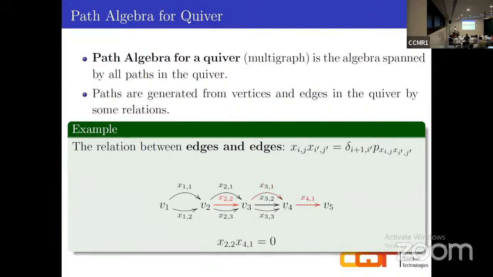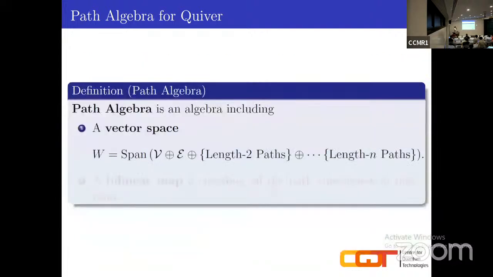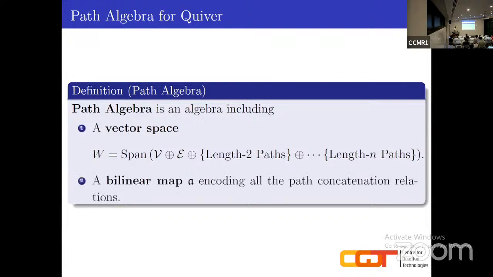But if we want to concatenate x22 and x41 together, we will get a 0 since they are not adjacent. And so here, if we formalize the path algebra in the definition of the algebra, first it will contain a vector space which is spanned by all the paths in this quiver, and then the bilinear map will be all the concatenation relations.